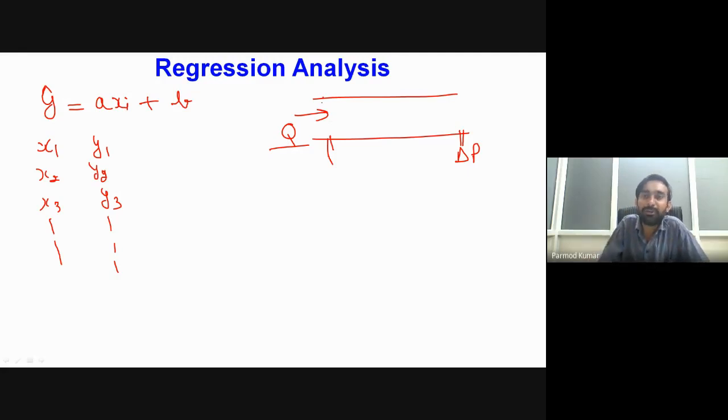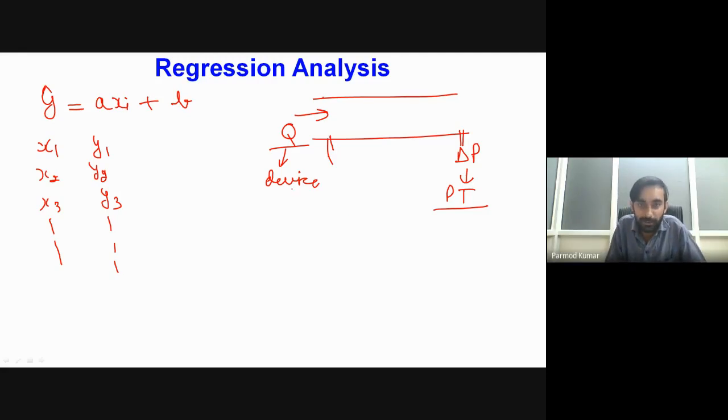For measurement of flow rate we have a certain device, and similarly a pressure transducer which gives us the value of the pressure. Now while using this type of regression, one thing we have to consider is that we are dealing with two variables.